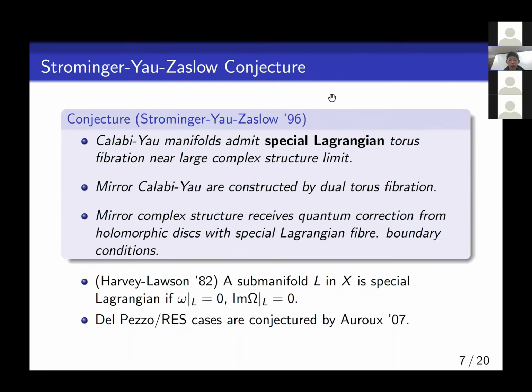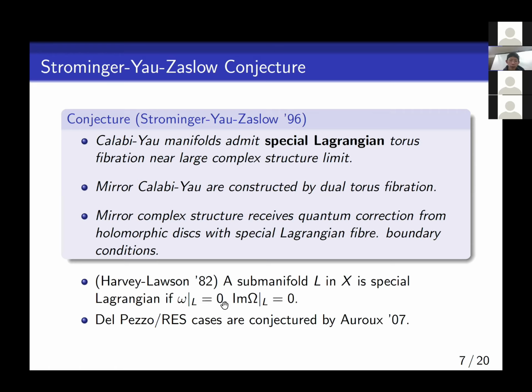What they mean by special Lagrangian is that it's a half-dimensional submanifold in the Calabi-Yau manifold, such that the Ricci-flat Kähler form restricted on it is strictly 0, and the imaginary part of the holomorphic volume form restricted on L equals 0 as well.